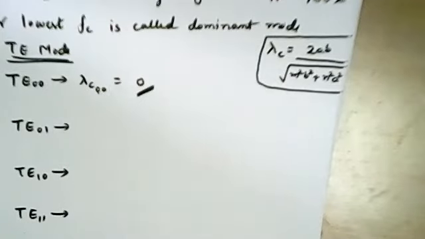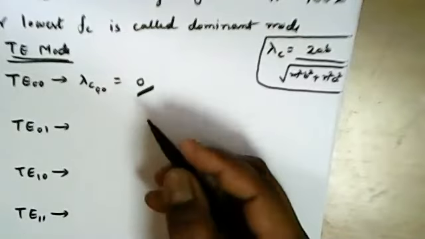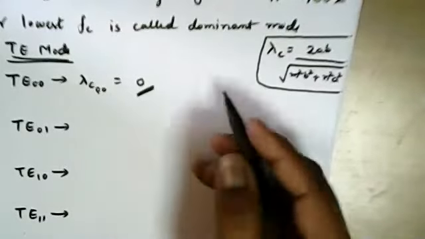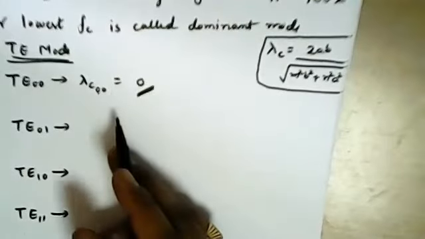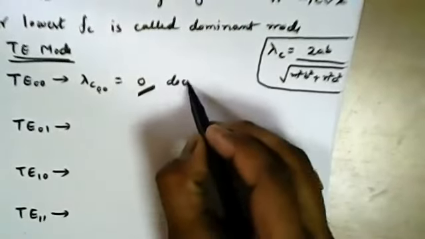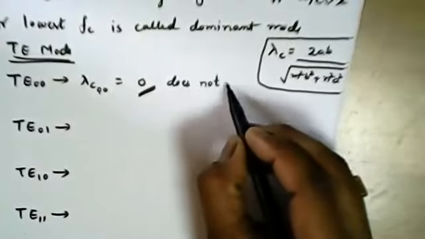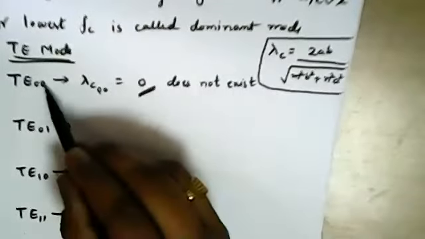If you have any problem, please let me know. Okay, fine. Now we'll see the next dominant mode. As this is 00, we can say that it does not exist, as it has 0 cutoff wavelength. This does not exist only in case of TE, whereas in TM, the first three do not exist.